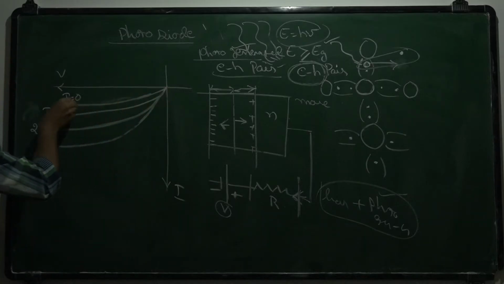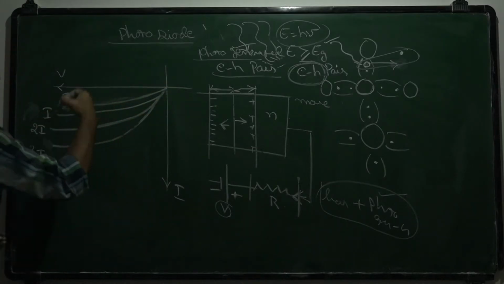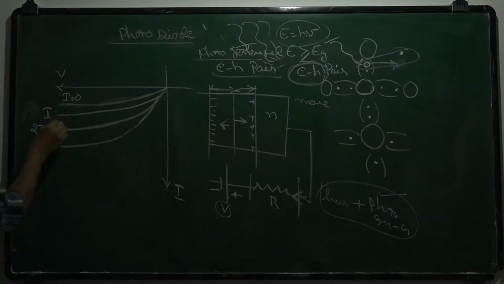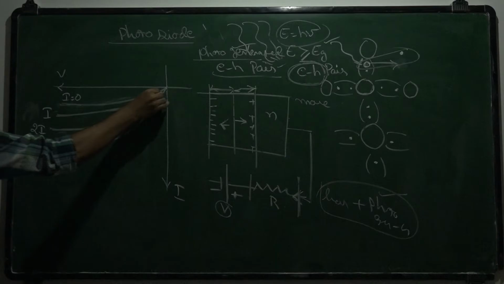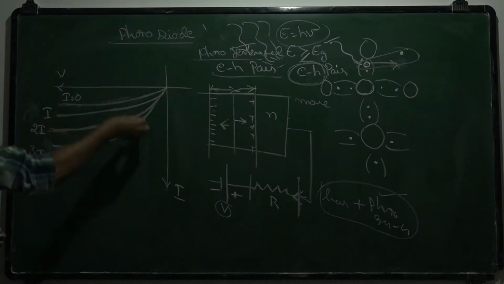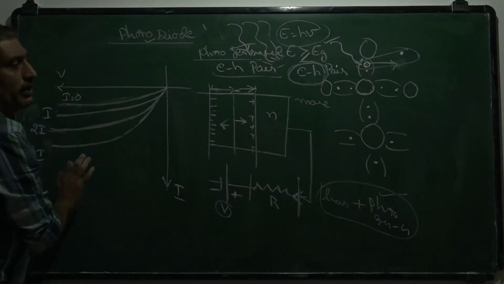When light is not incident, this is the leakage current. When intensity is increased gradually like this, I, 2I, 3I, 4I, the current across the junction increases like this. So this is the VI characteristic of a photodiode in reverse bias mode.